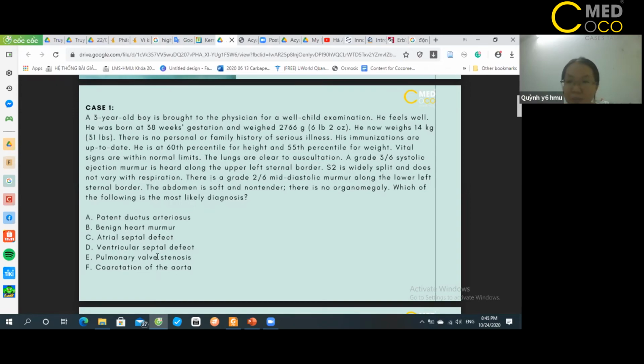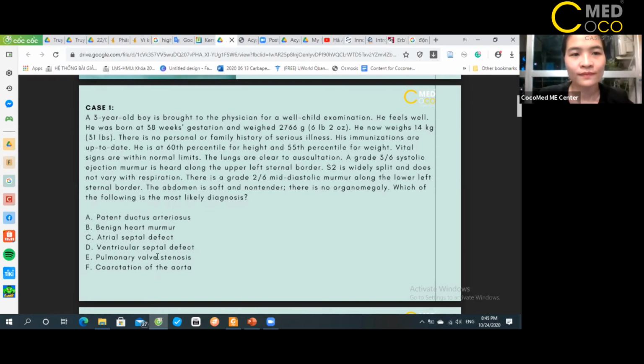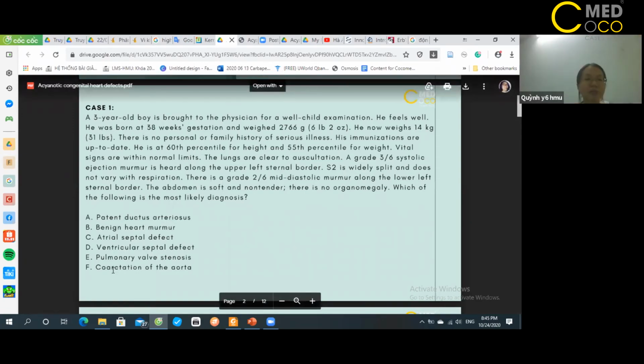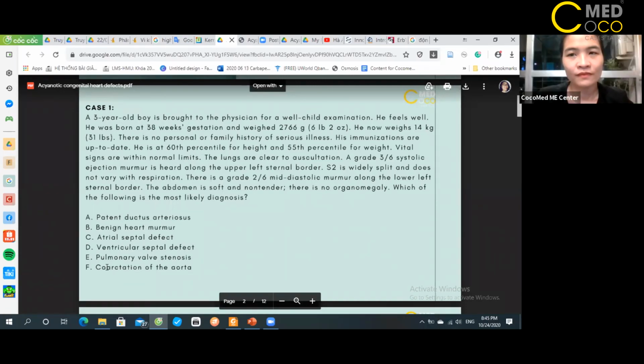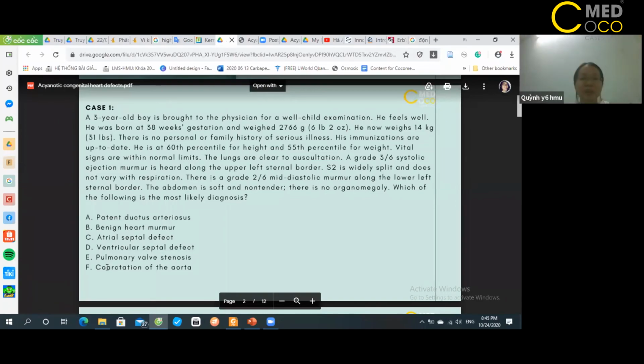That is the reason why we should not choose F here, because our child is totally normal, even though he is 3 years old, with no symptom of cyanosis. So it's not the most appropriate answer.